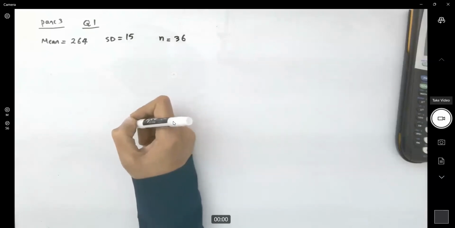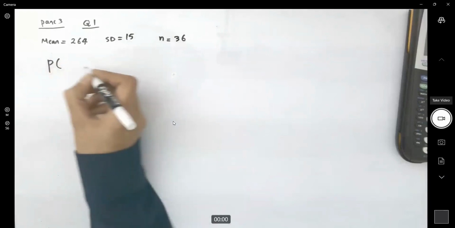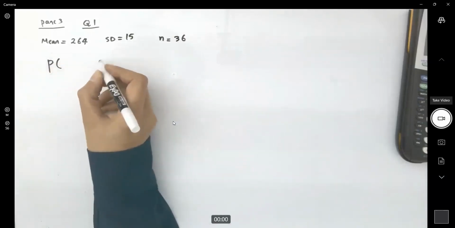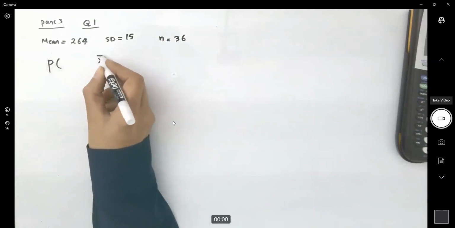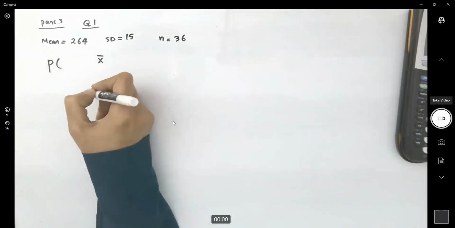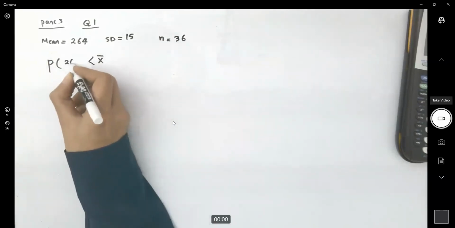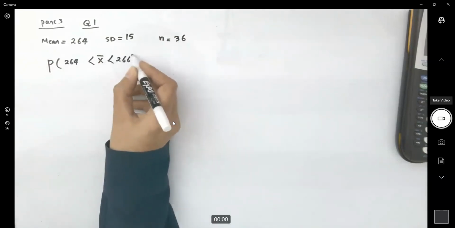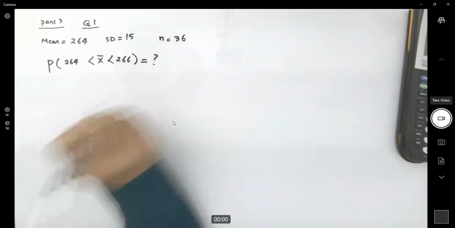You want to know what is the probability that the mean pregnancy, guys, you're using X bar, is between 264 to 266 days. What is this probability?